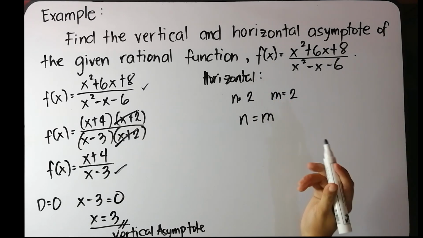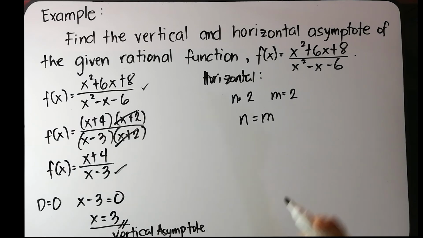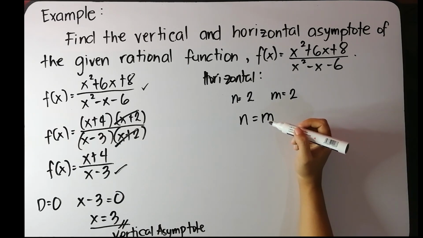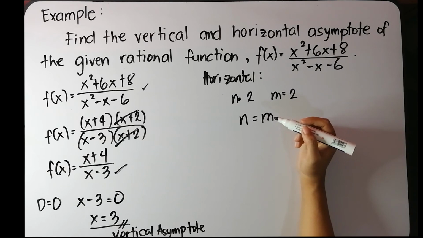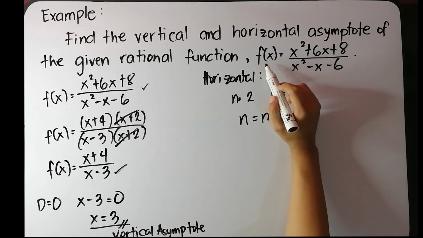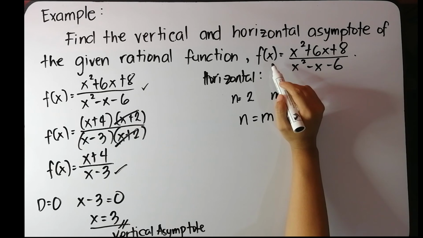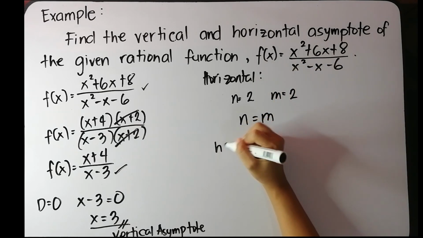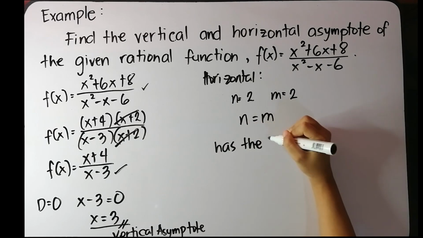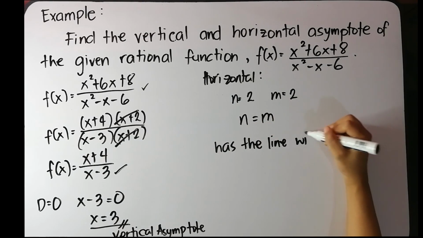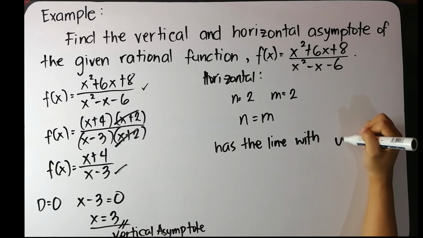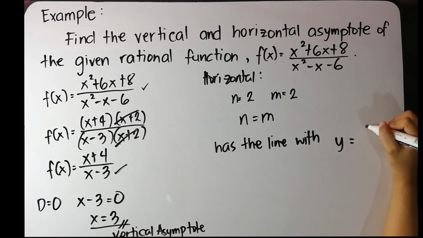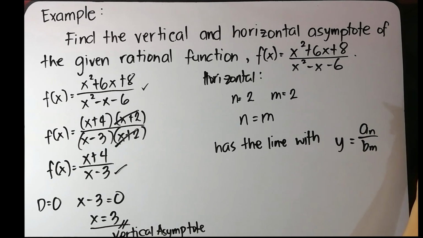Therefore, it satisfies the second condition. We have n equals m, then the graph of the function f of x has the line y equals a sub n over b sub m as its horizontal asymptote.